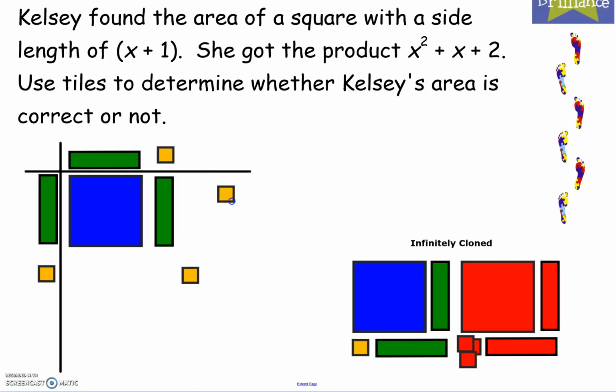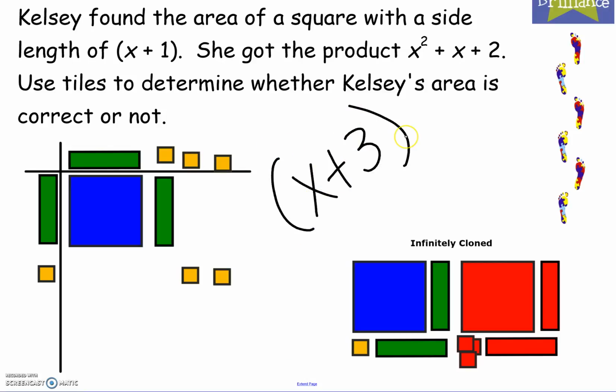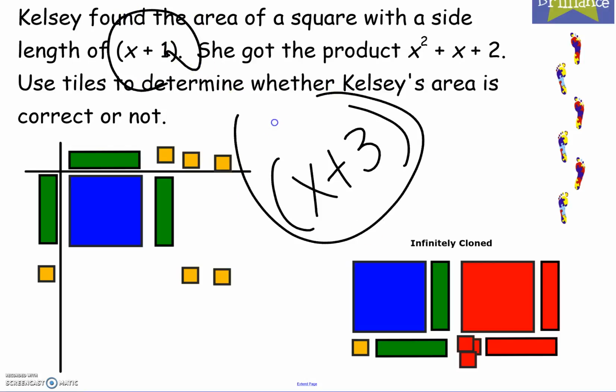And if I have this unit and this unit, I have to have this unit and this unit because they are both positive. So our other factor is going to be x plus 3. In order to check it, stick your factors in y1 and put your product in y2.